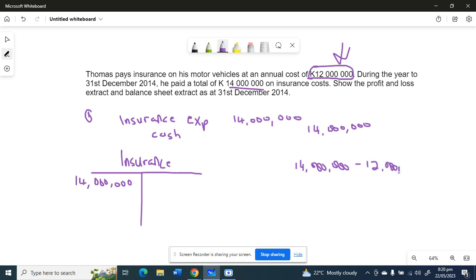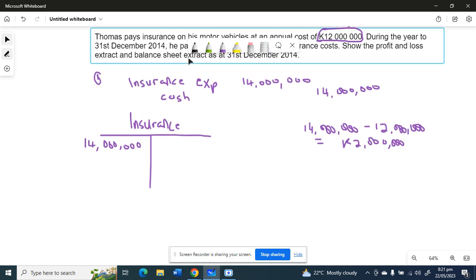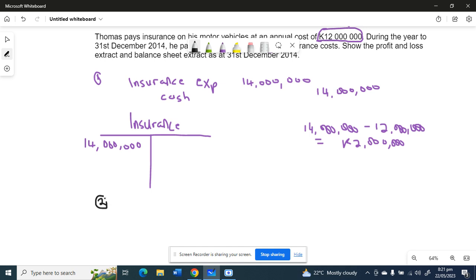So that 2 million is our prepayment. This is the year-end journal entry adjustment for the prepayments. This 2 million, we're going to debit to the prepaid expense account, and this same 2 million, we're going to credit to the insurance expense account. So let me show the adjusting journal entry at the end of the year, 31st December.